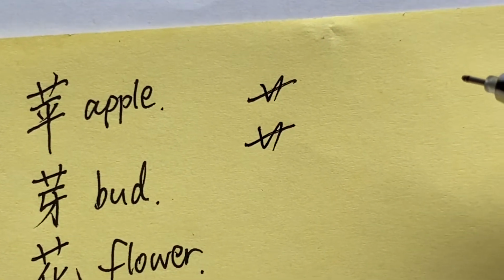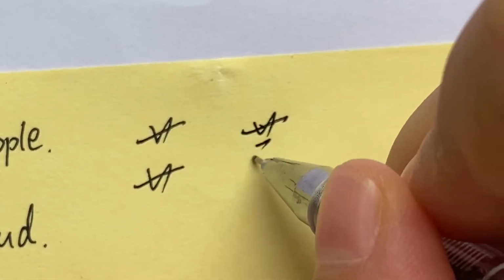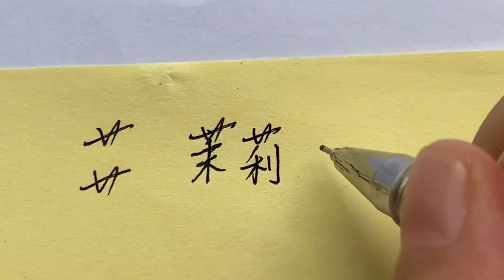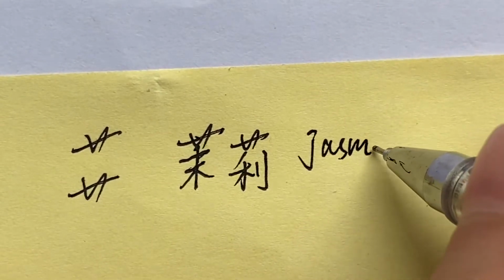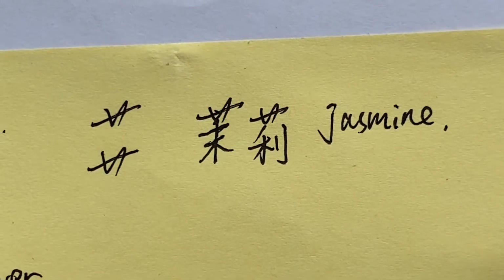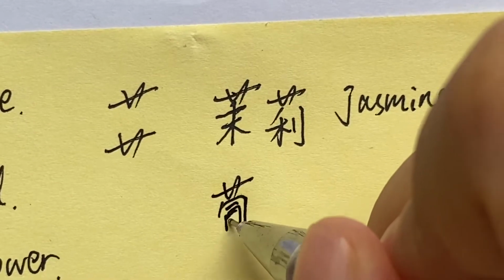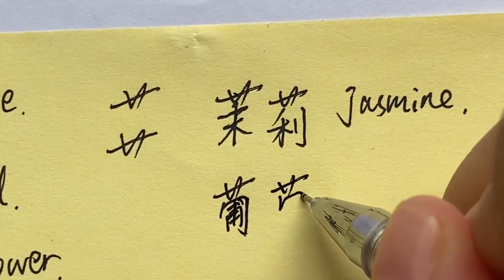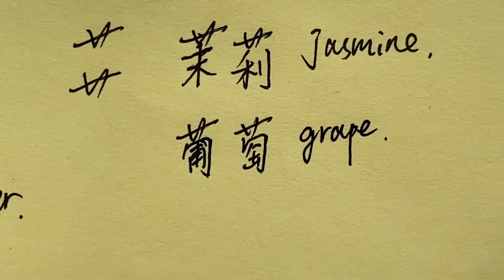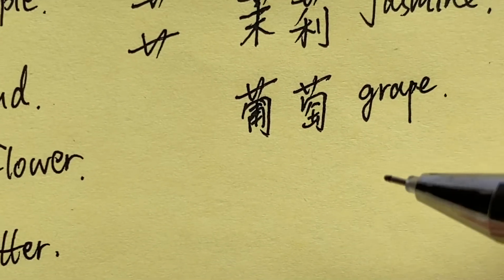For example, 茉莉 jasmine. 葡萄 grape. 荷花 lotus.